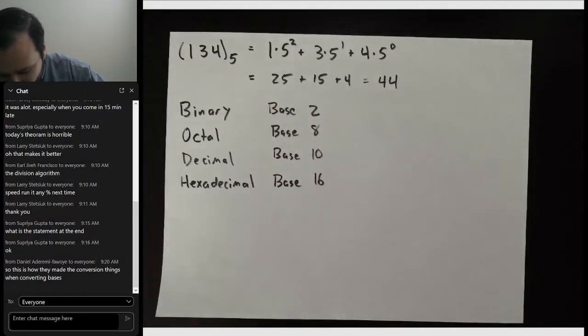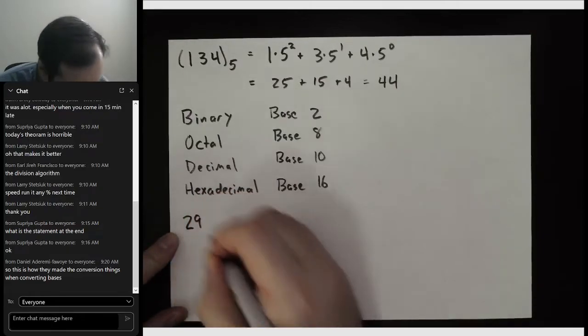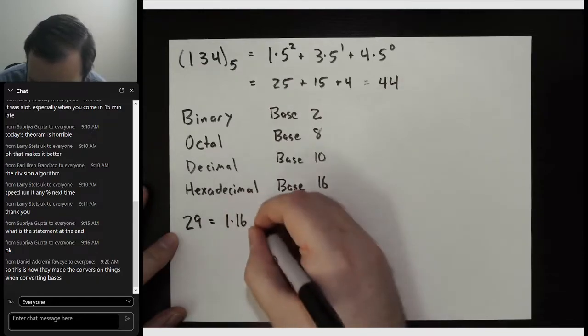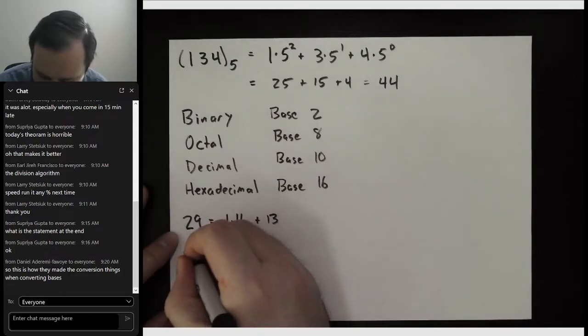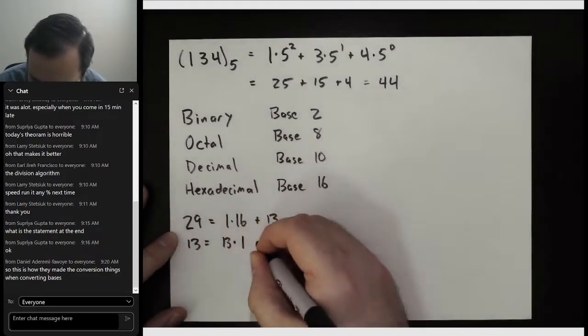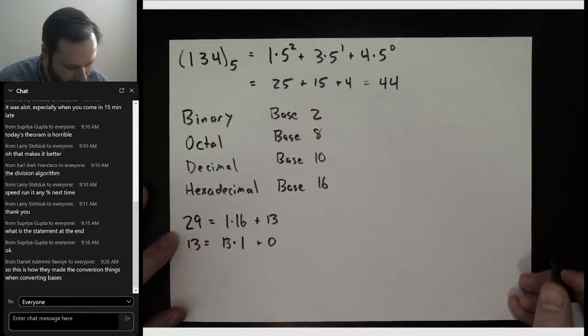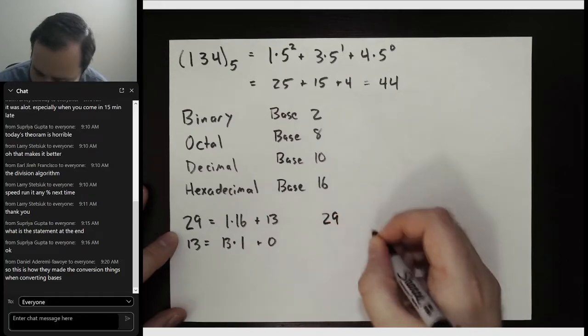Except there is a problem with base 16. Let's write 29 in base 16. 29 is 1 times 16 plus 13. And 13 is 13 times 1 plus 0. So how do I write 29 in base 16?